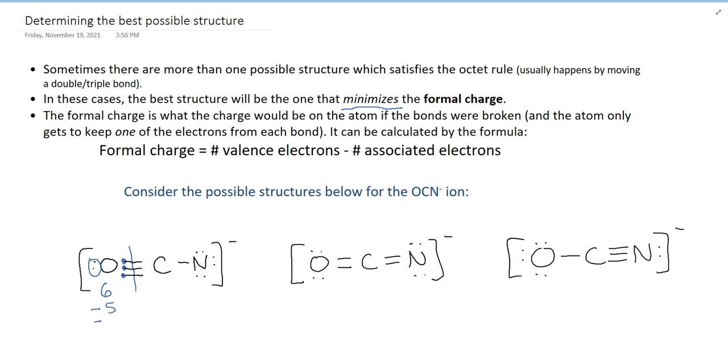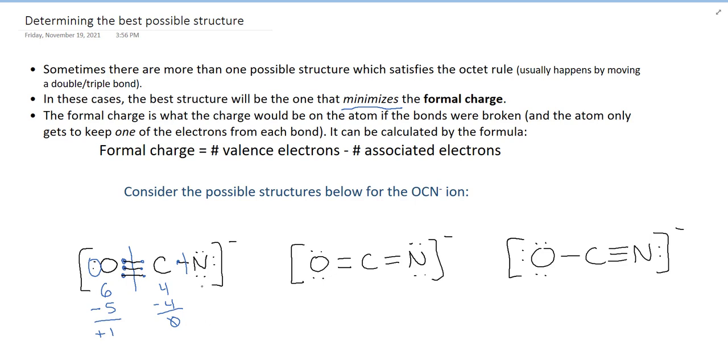So 6 minus 5 would mean a plus 1 formal charge. Carbon in the center, if it broke all of these bonds, would have 1, 2, 3, 4 associated electrons. Carbon starts with 4 valence electrons minus the 4 associated, 0.